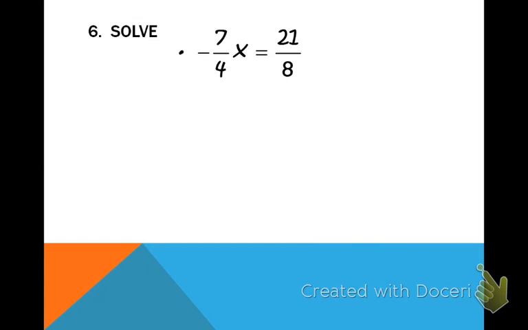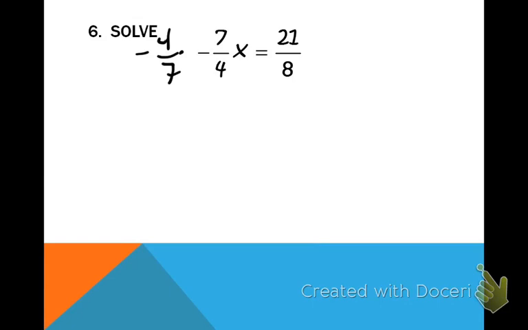All right. So, Adam, we're going to take the reciprocal and we're going to do what with it? Multiply it? Okay. So is the reciprocal 4 over 7? Okay, good. Remember that when we multiply that fraction coefficient by its reciprocal, we need to make sure we get positive 1. To make sure that happens, we have to multiply by 2 negatives.